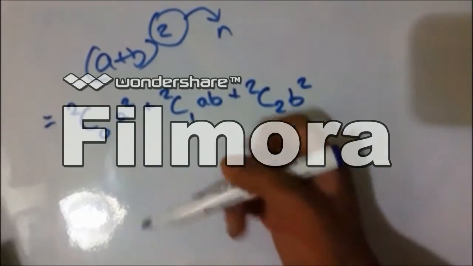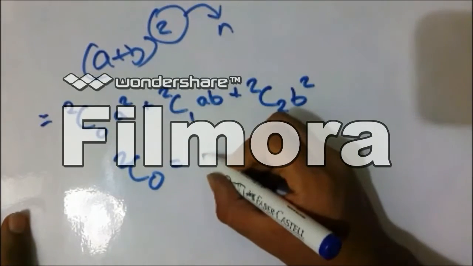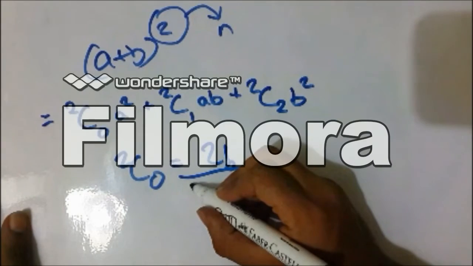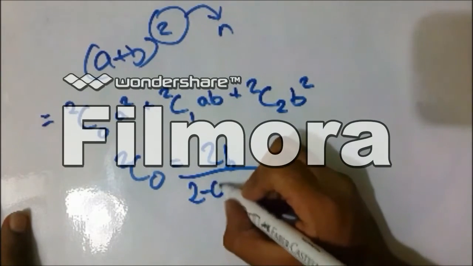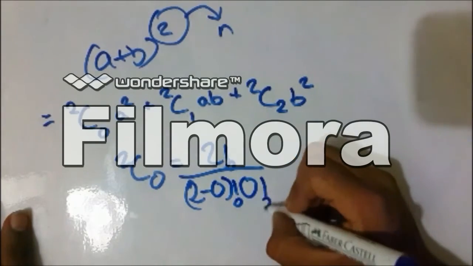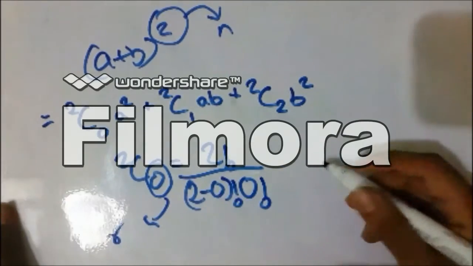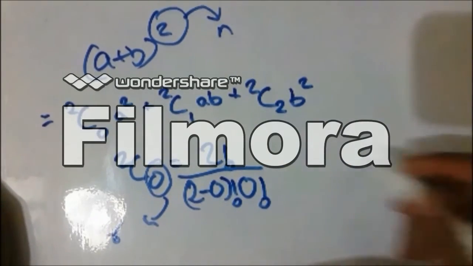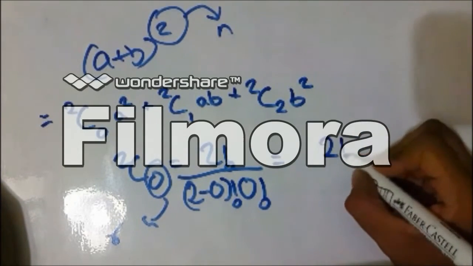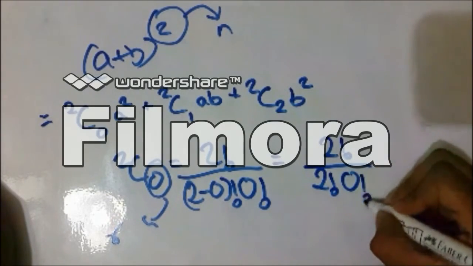Now here, for example, 2C0 will be equal to n, that is 2 factorial, by (n minus r), that is (2 minus 0) factorial, into r factorial, that is 0 factorial. Here r is 0. This will be equal to 2 factorial by 2 factorial into 0 factorial.